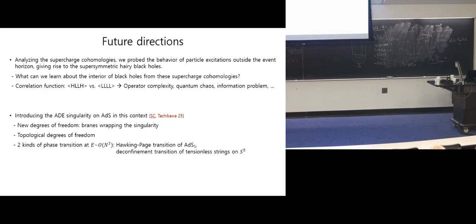This will give you topological degrees of freedom. More interestingly, you expect in this setup two kinds of phase transition: one is the usual Hawking phase transition, and the other is the deconfinement transition of tensionless strings on the internal S5. So it will also be interesting to study the quantum gravity spectrum in this context.